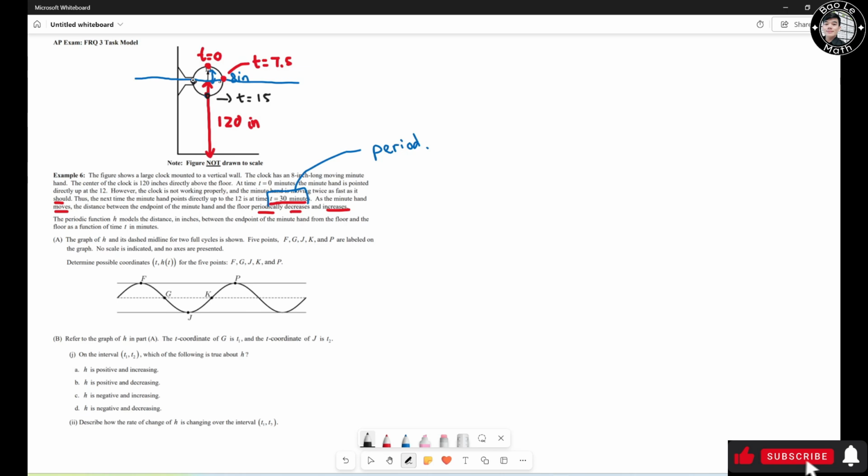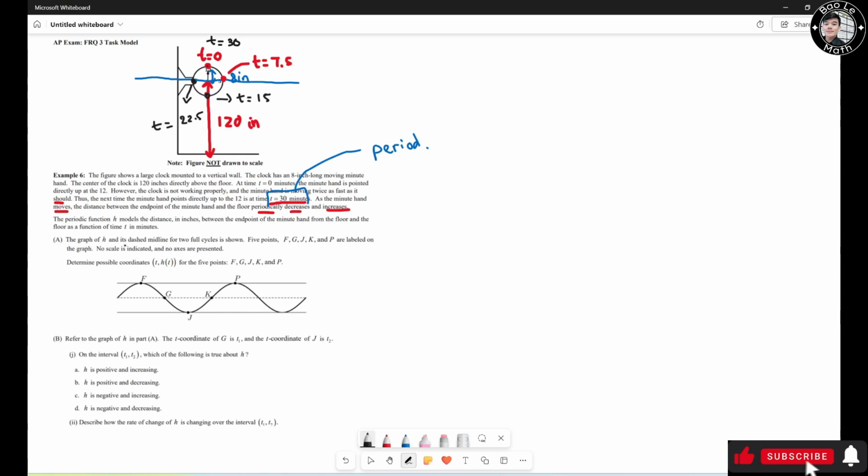Right here, t equals 22.5. And going back over here, t equals 30. So basically, t equals 30 and t equals 0 are overlapping, right?